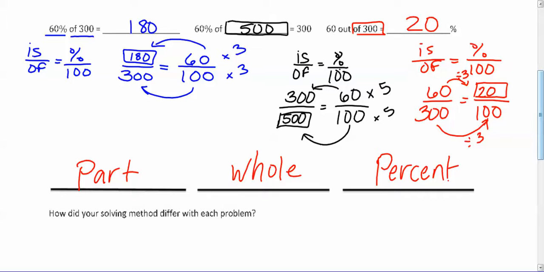Now, I think some of you noticed, like I'm looking at one paper of somebody who's being shy at the moment, says they're all using the same numbers, right? But what changed? So that's a good observation, but what changed, Peyton? The position, right? You said the order, but I think you meant the position of each unknown, right? Or where these numbers went. So you got to be really careful on paying attention to the setup.